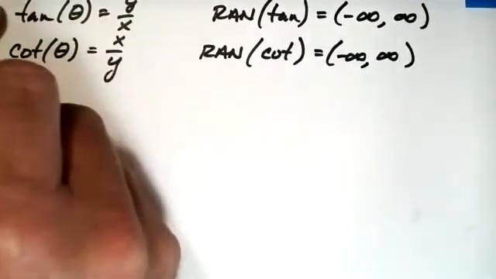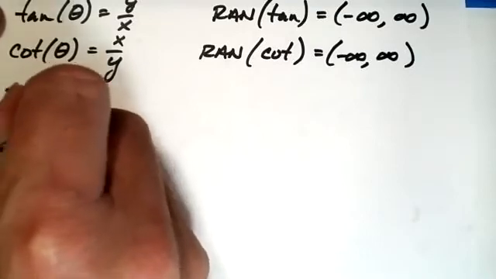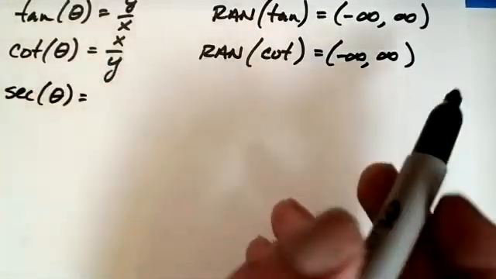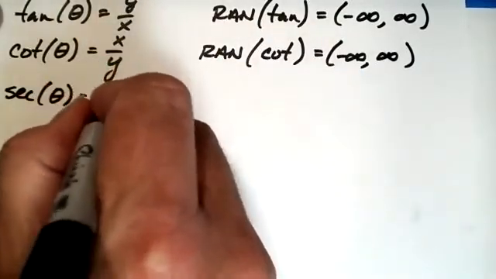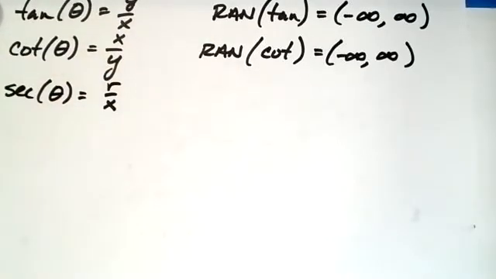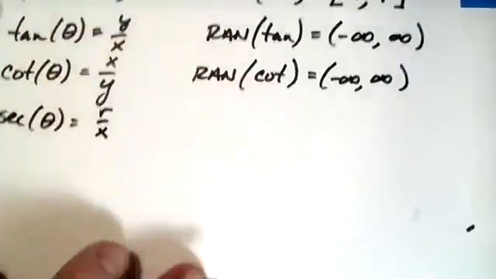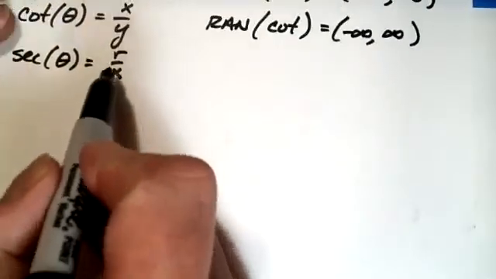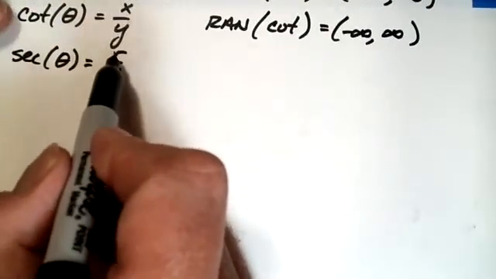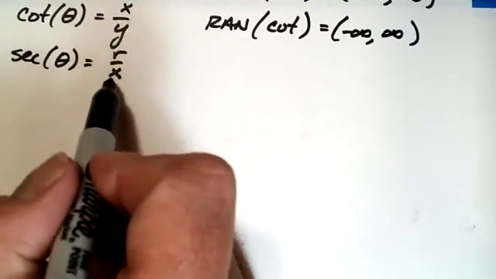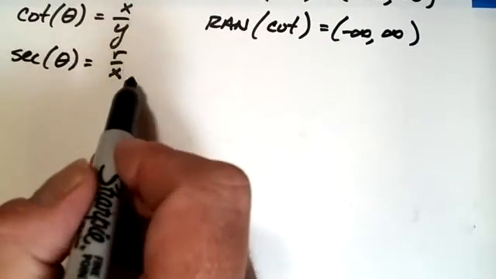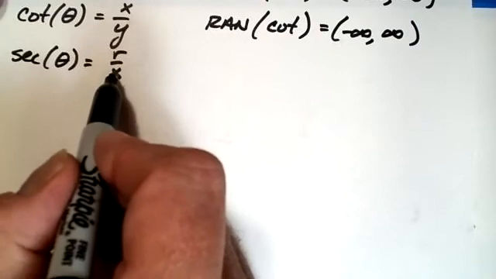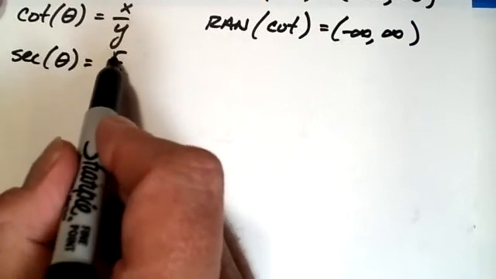So recall that secant of theta is the reciprocal of cosine, so it's r over x. So kind of the exact opposite of the sine situation. It's possible for these to have different signs, right? R is always going to be positive, but x could be negative or positive. But note that x will never be larger than r.